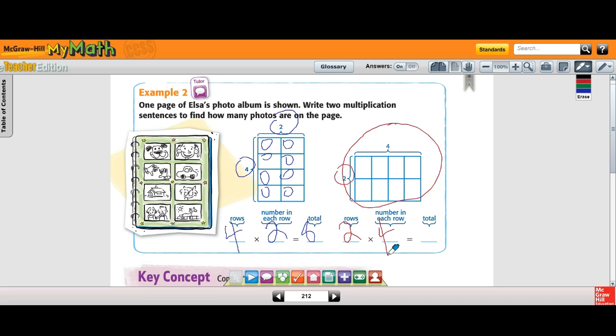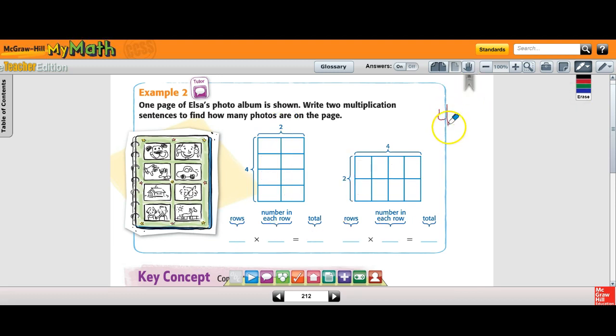Still the same. 1, 2, 3, 4, 5, 6, 7, 8. So it doesn't matter if I go 4 times 2 or 2 times 4, I'm still going to get 8.